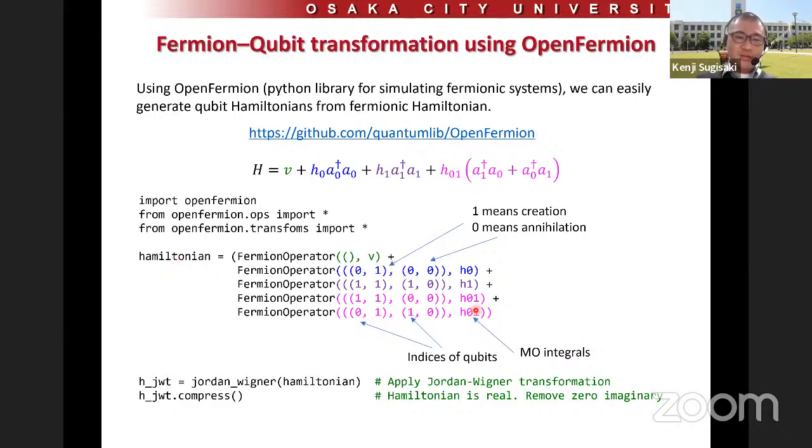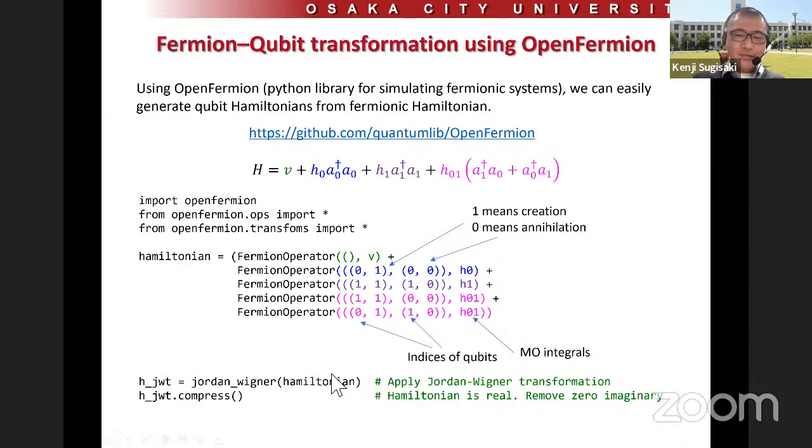And this is the Hamiltonian defined in the Fermionic operator. In order to perform, for example, the Jordan-Wigner transformation, it's just applying this function. I mean, the Hamiltonian in the Jordan-Wigner transformation can be generated by using this jordan_wigner function on the original Hamiltonian.